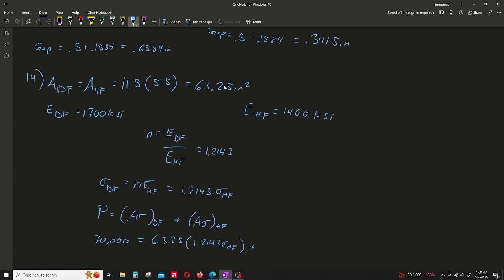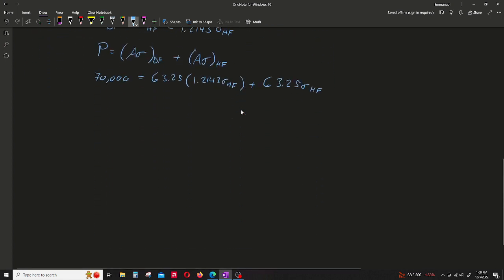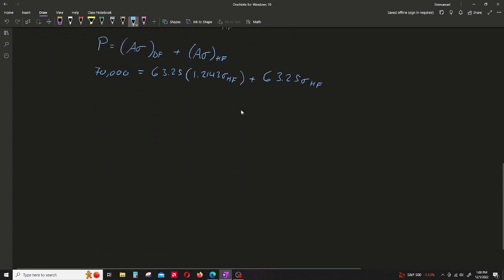Then we add that to 63.25 sigma HF. Now you can see we have like terms, sigma HF. I'm going to scroll down a little bit. If we revamp this equation to get sigma HF by itself, we get a value of 500 psi for that.